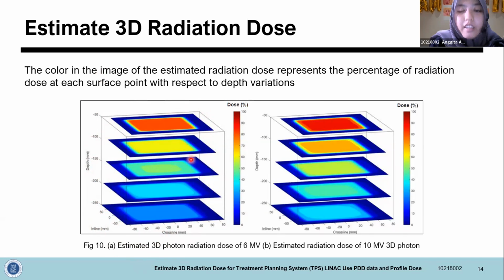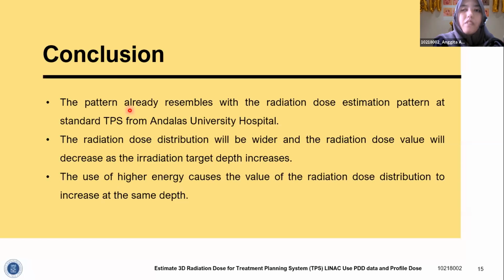The pattern already resembles the radiation dose estimation pattern of the standard TPS from Andalas University Hospital. In conclusion from this research, the pattern already resembles the radiation dose estimation pattern of the standard TPS from Andalas University Hospital.